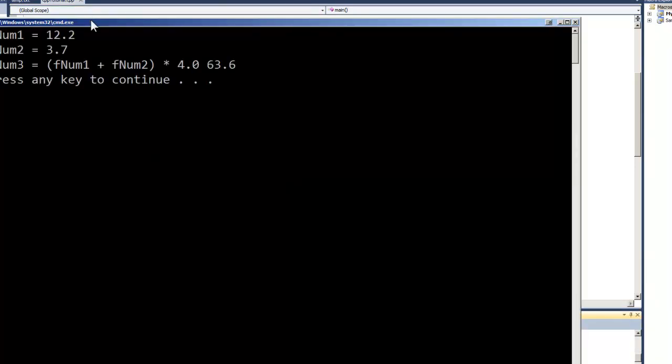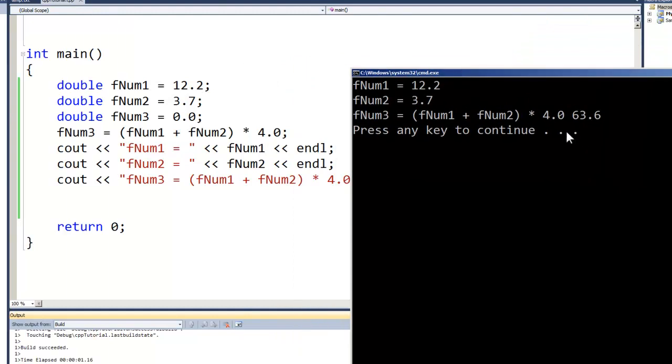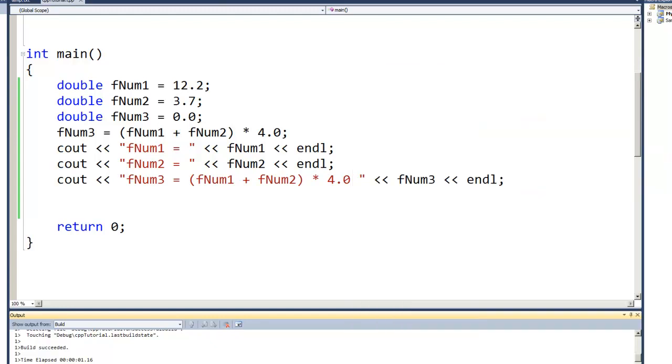And this time we get a result of 63.6. Let's see, 15.9 times 4, that sounds about right. So I hope in this video you see how we can do floating point math in general.